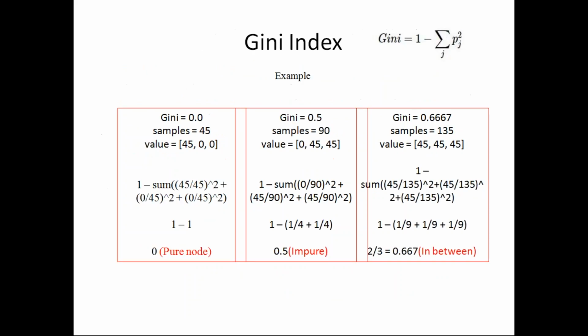Like here the classification error will be 0. Here the classification error will be something, because the splitting is not good, and here also the classification error will be high because the splitting is not good. So it is the same thing.